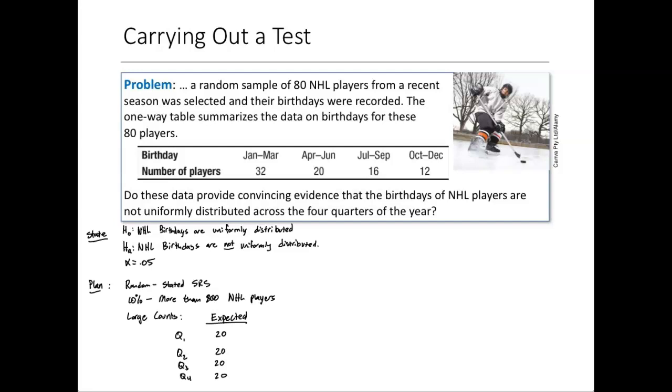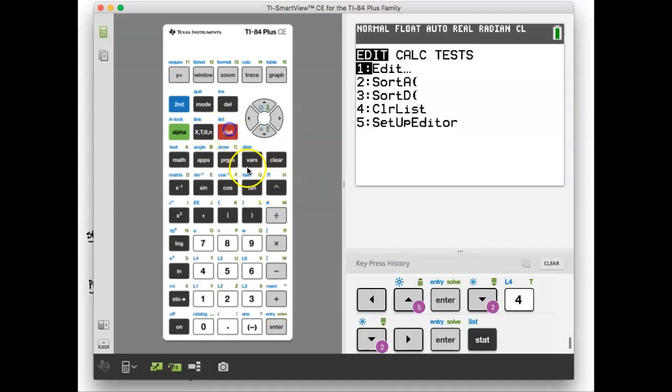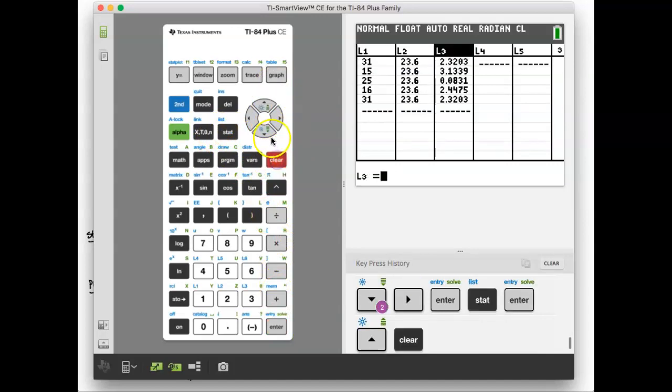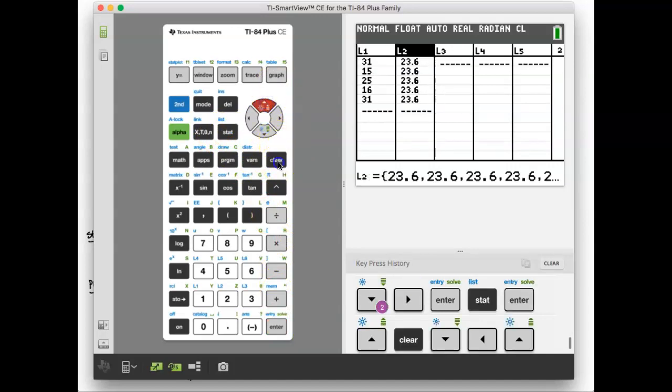All right. So we want to run a chi squared goodness of fit test. And we'll just run that in our calculator and we'll write down the chi-square test statistic, and we'll write down the p-value.